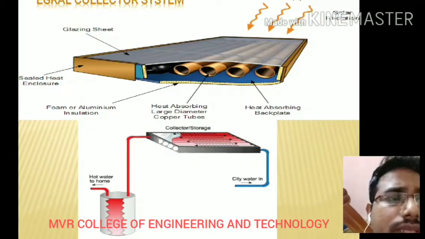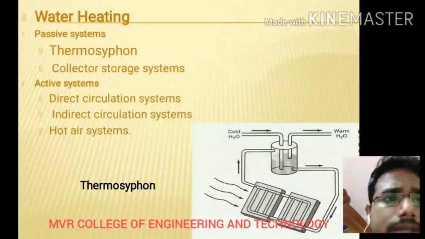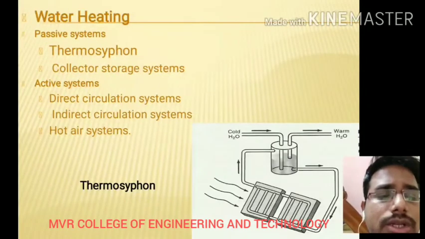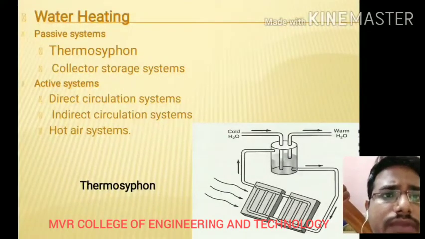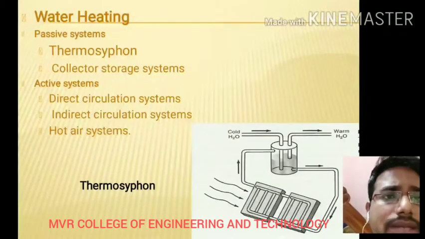Let us go to the next slide. So what are the water heating systems? One is a passive system. In the passive system you can see thermosiphon and collector storage system, and in the active system there is a direct circulation system, an indirect circulation system, and the hot air systems.